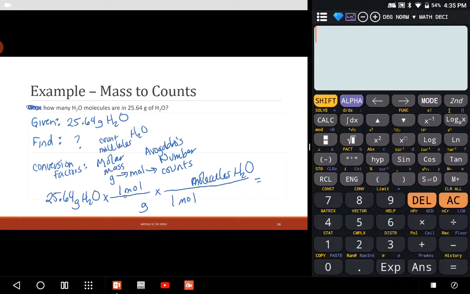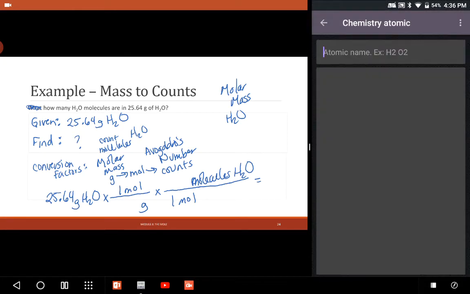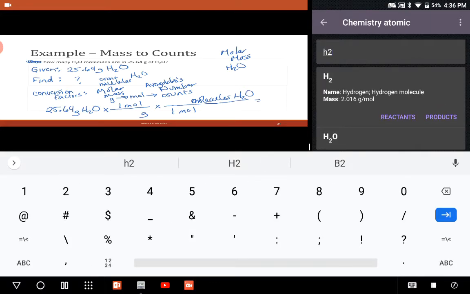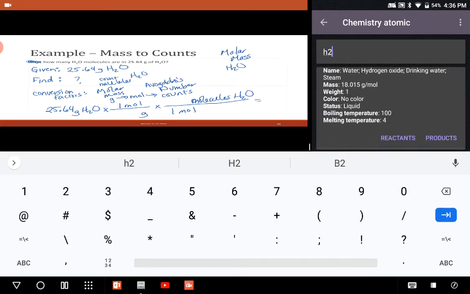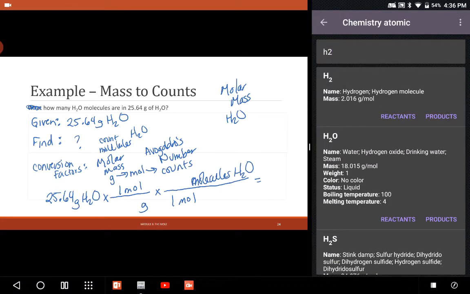So we need the molar mass of H2O. If you know the chemical formula, you might be able to look it up. So the molar mass of H2O is 18.015.